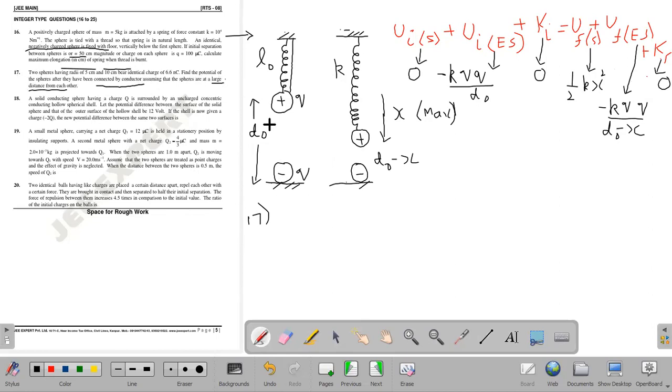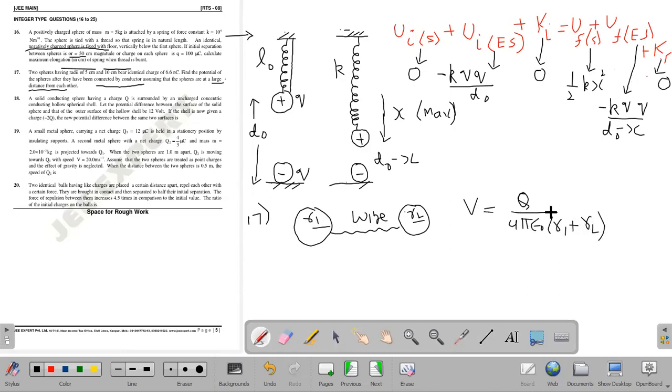We have already done in our class that when two spheres of different radii R1 and R2 at large distance are connected by a wire, the potential is simply the total charge upon 4 pi epsilon 0 (R1 plus R2). This is a classroom illustration, and you can follow your notes. Joining of two spheres at a large distance.